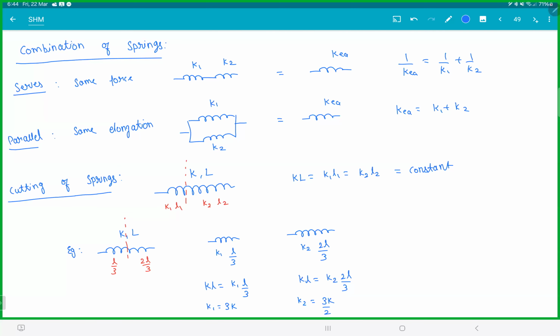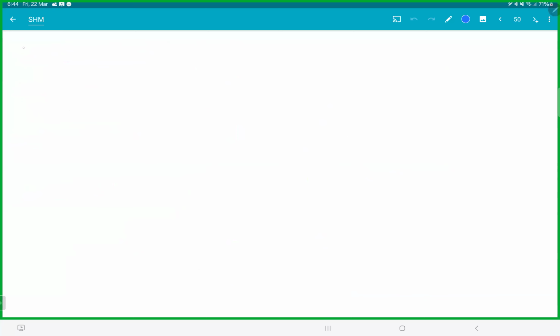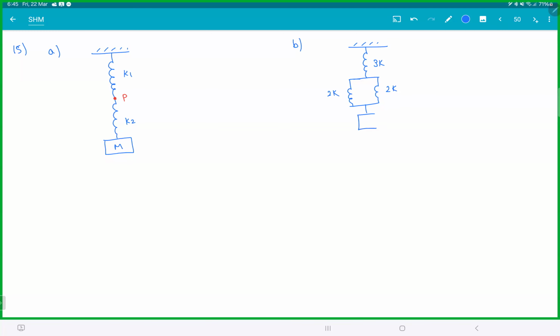Let's see a question. K1, K2. We have a block M. Let's call this point P. 3K, 2K, and 2K, and then.